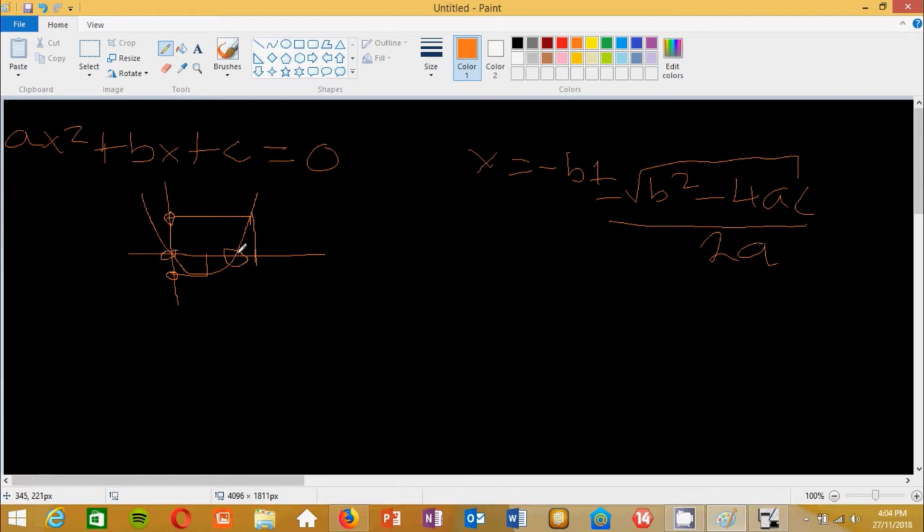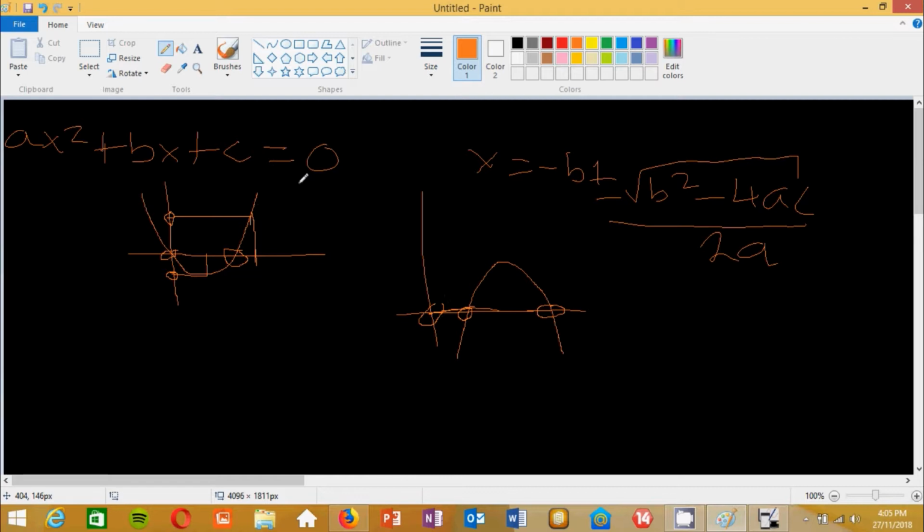If you take this x value, it's going to make your graph have a y-coordinate of 0. If you take this x-coordinate here, it's going to lead your y-coordinate to be 0 again.